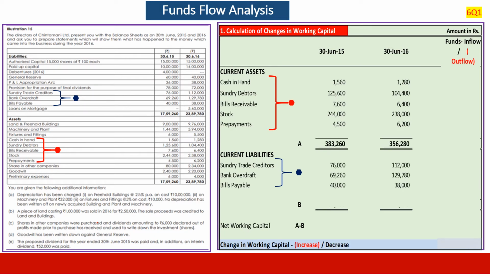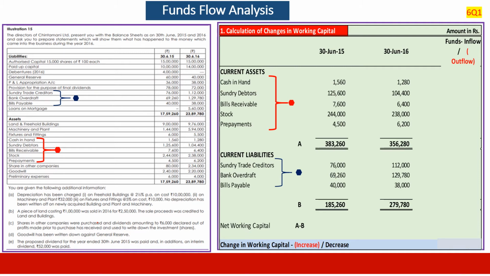We calculate the total current assets, 383 to 356, means there is a fall in the current assets, a source. And in liabilities, 185 to 279 is once again an increase in liabilities, means funds coming into the company.